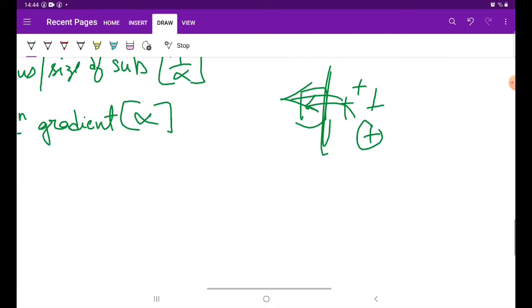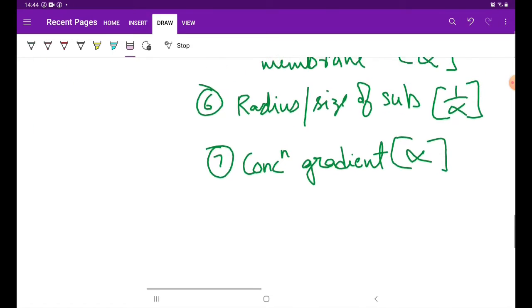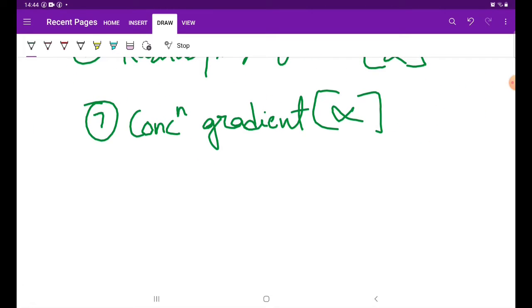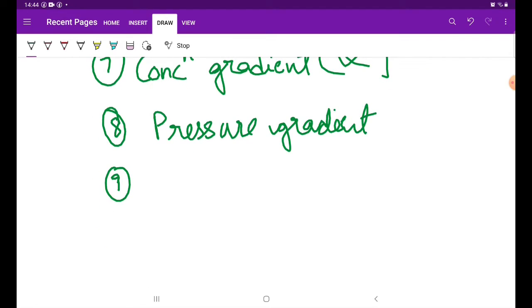Okay, now the eighth one, that is pressure gradient. Then the ninth one, it is electrochemical gradient.